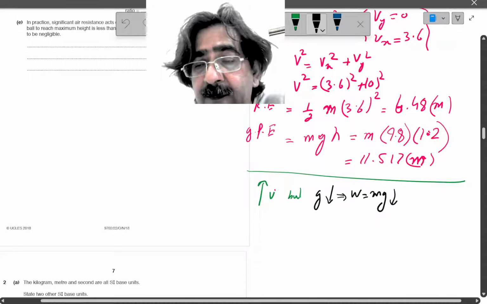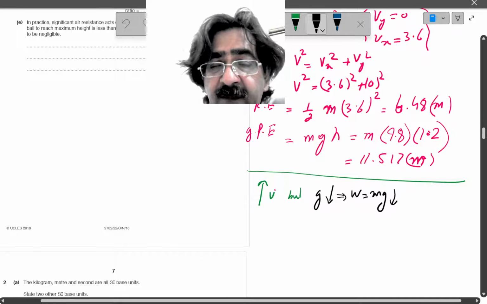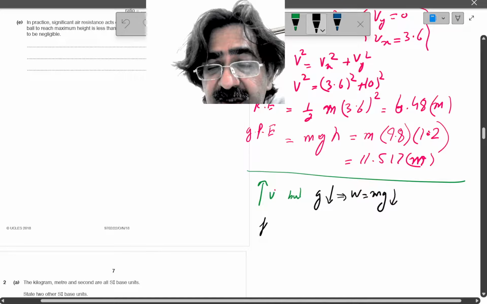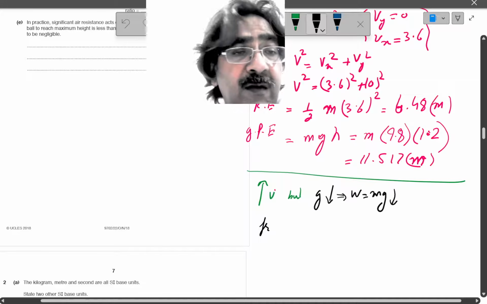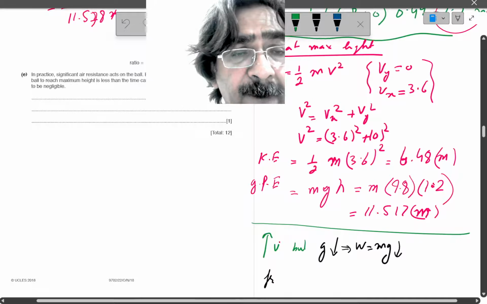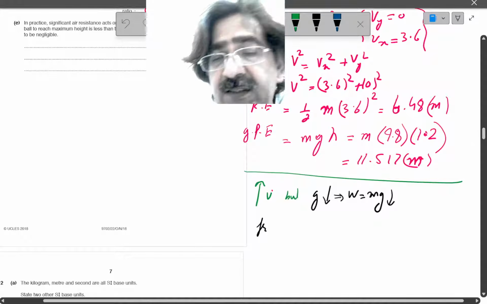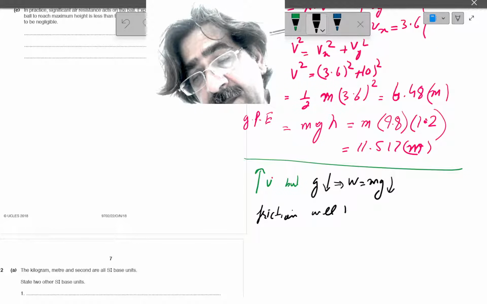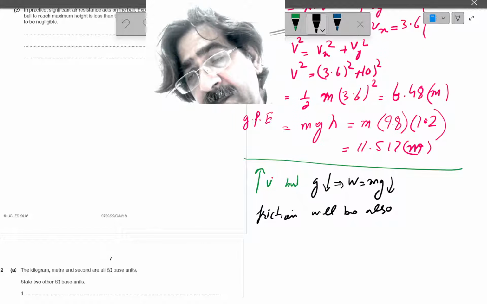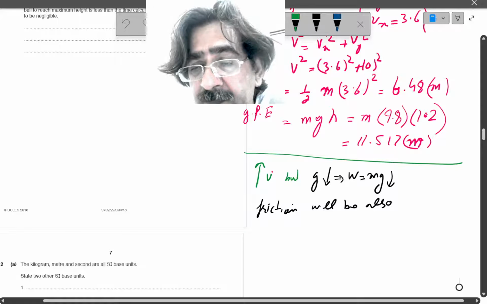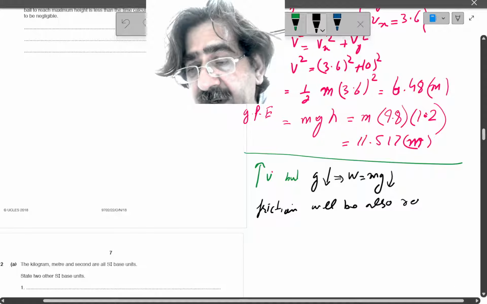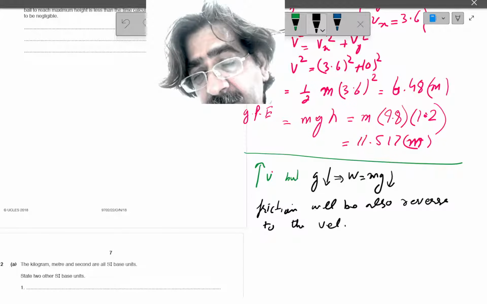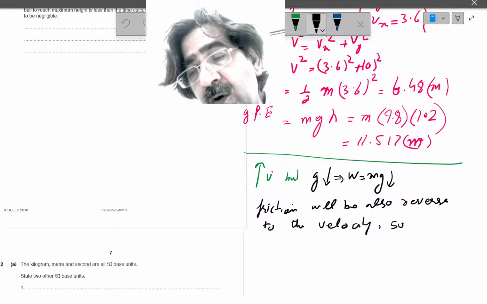Similarly, if there is air resistance or friction, the force will also be reverse to the velocity.